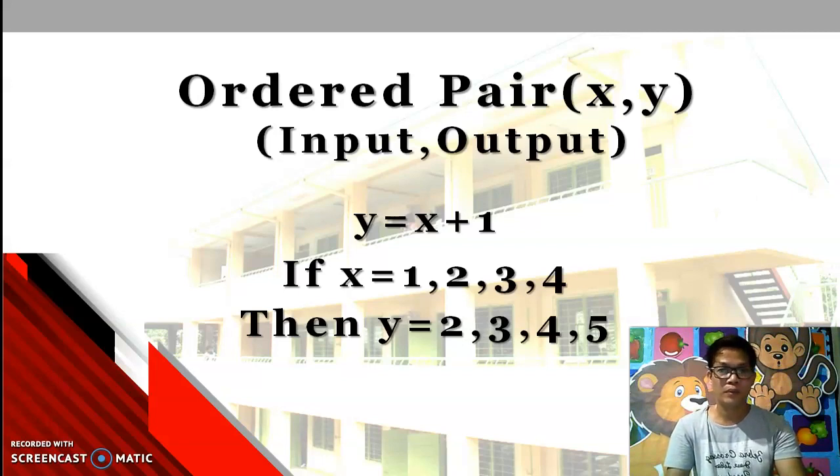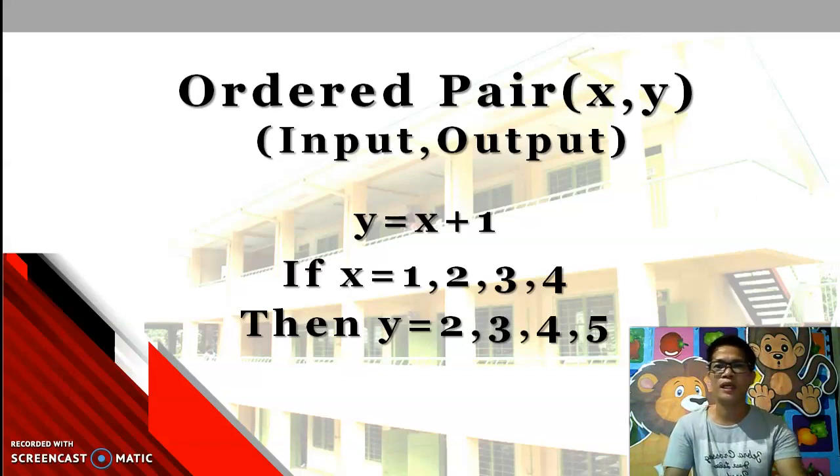If we input the value of x equals 3, so 3 plus 1, then the output or resulting value will be 4, as well as for x equals 4, so 4 plus 1, the resulting value will be 5.